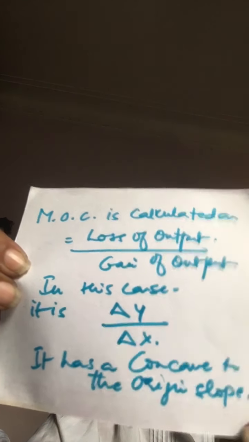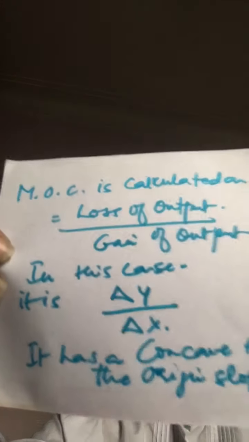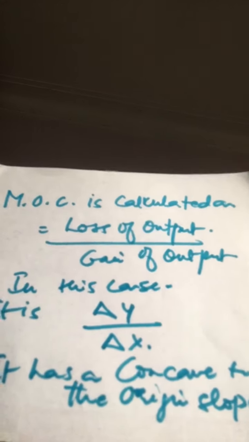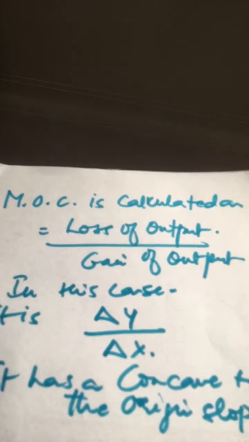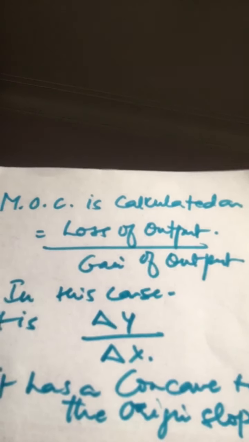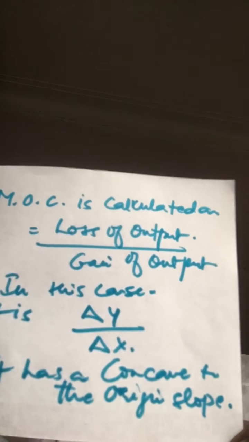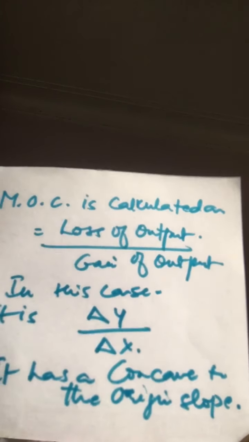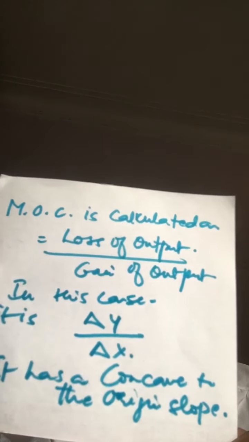The concave shape to the origin is because of an assumption that I will talk about later, that the resources are not equally efficient in the production of all goods. Thus, if resources are transferred from production of one good to another, the cost of production increases.